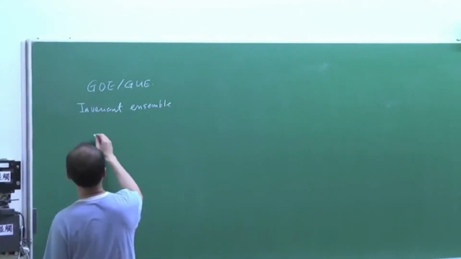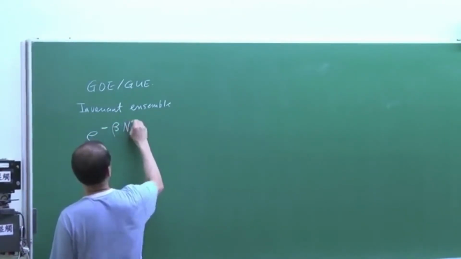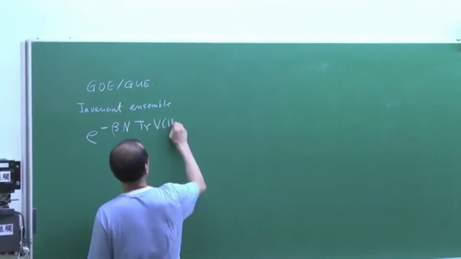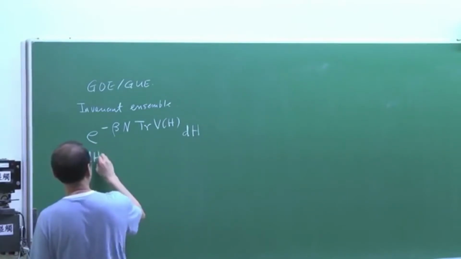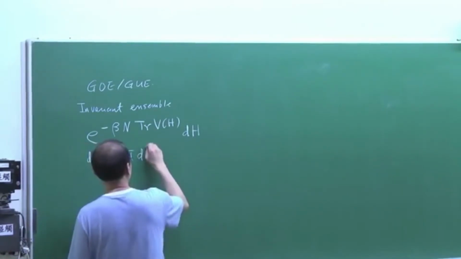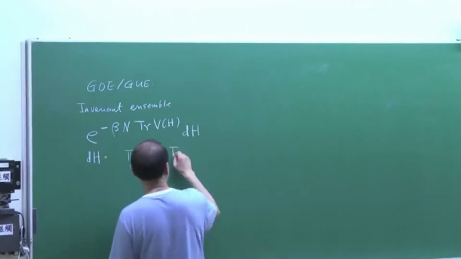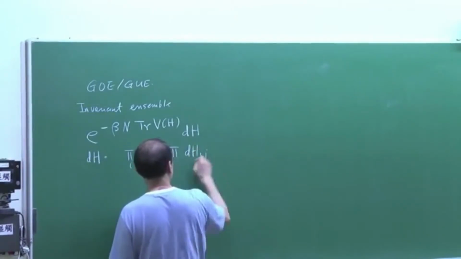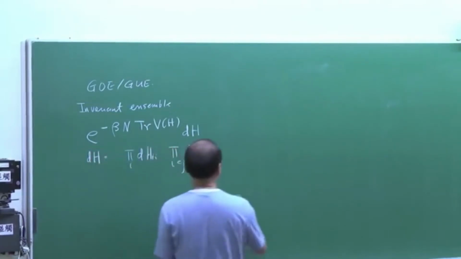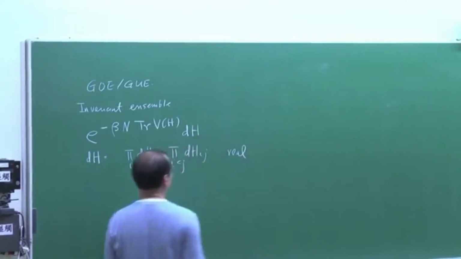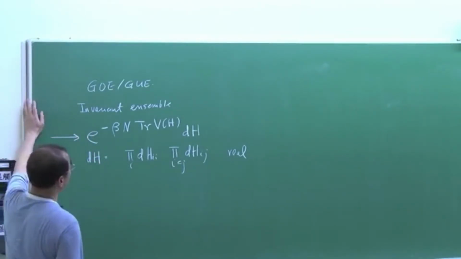I define the probability measure e to the minus beta n trace V of H dH, where dH is the product of dH. This is in the case of real, and you can do the same thing with complex.